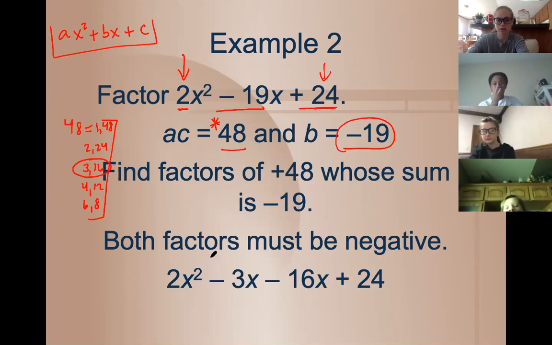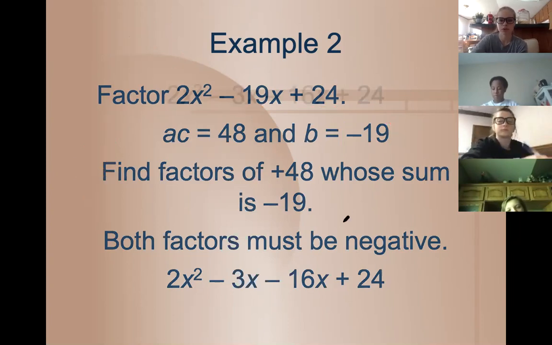All right, so all we've done is we've just divided this up. We've taken that negative 19x and we have broken it up. Can I do that? Well, sure. 2x squared minus 3x minus 16x plus 24. That is the same exact thing as my original problem. I've just broken them up into factors. All right, so here we go.